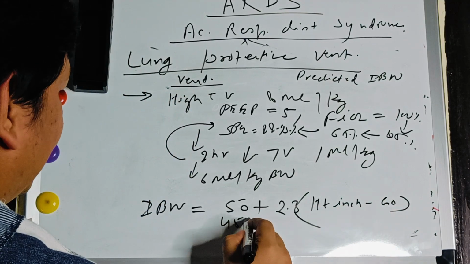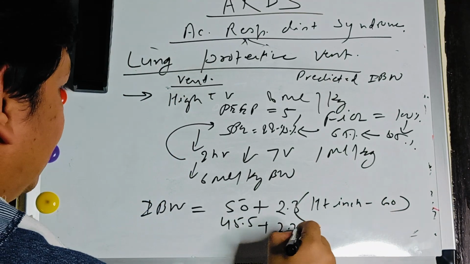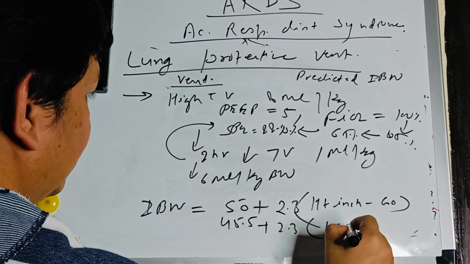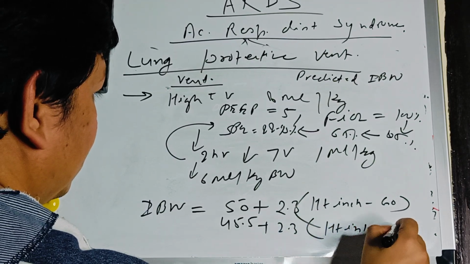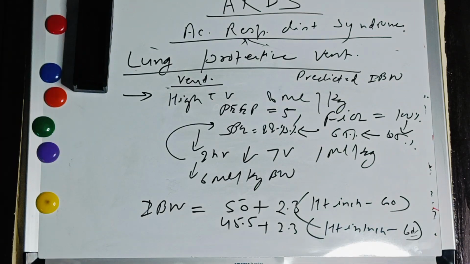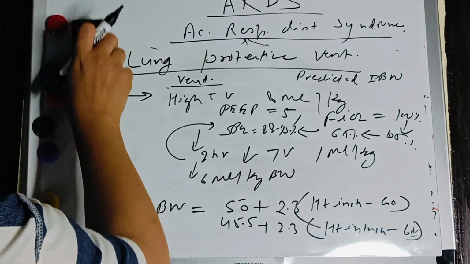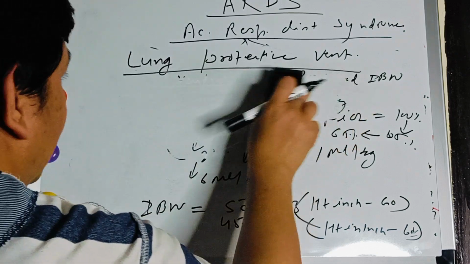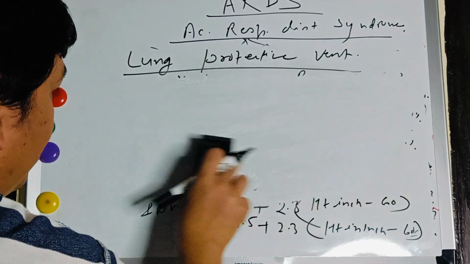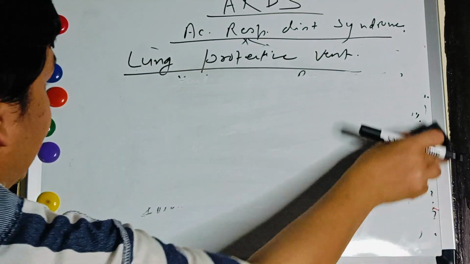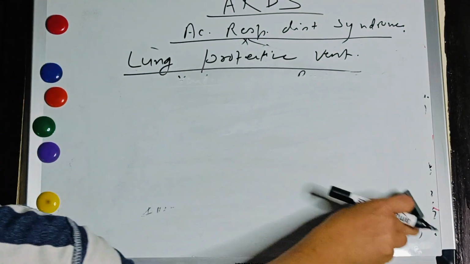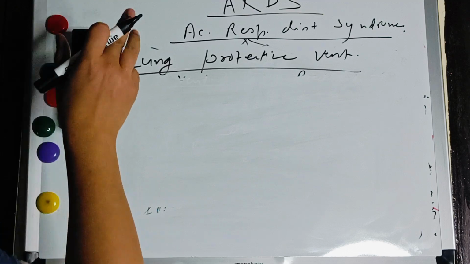In females, 45.5 plus 2.3 into height in inches minus 60. So this is ideal body weight, and according to that we have to calculate. So the first step is setting up the tidal volume and decreasing the FiO2 up to a satisfactory SpO2 level, and then we decrease the tidal volume to 6 ml per kg.